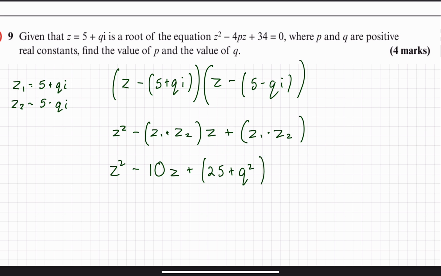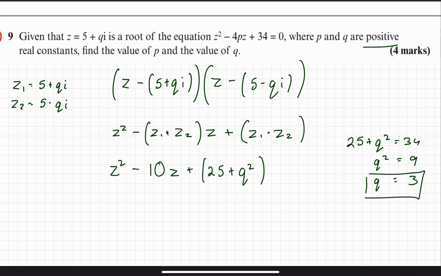Okay, so what I can see here, 25 plus q squared, that equals 34. So matching up our coefficients. So 25 plus q squared equals 34. Q squared equals 9. We're told it's a positive in the question, so q has to equal 3.